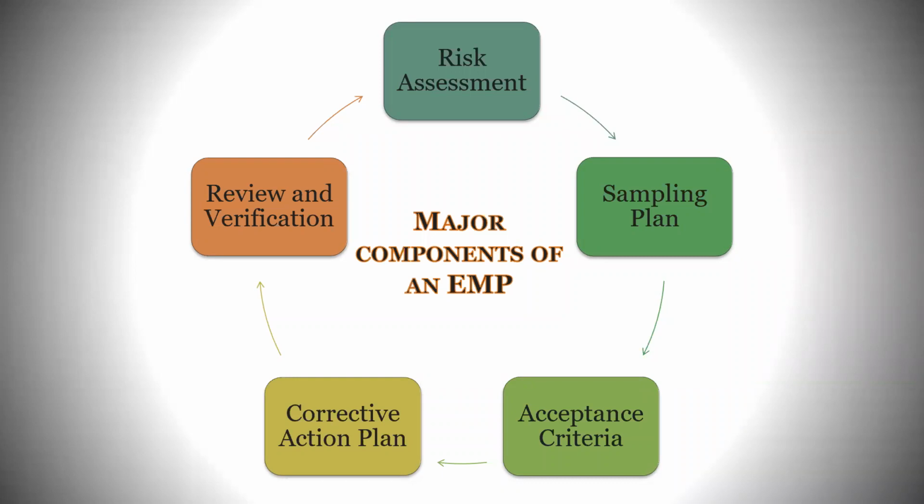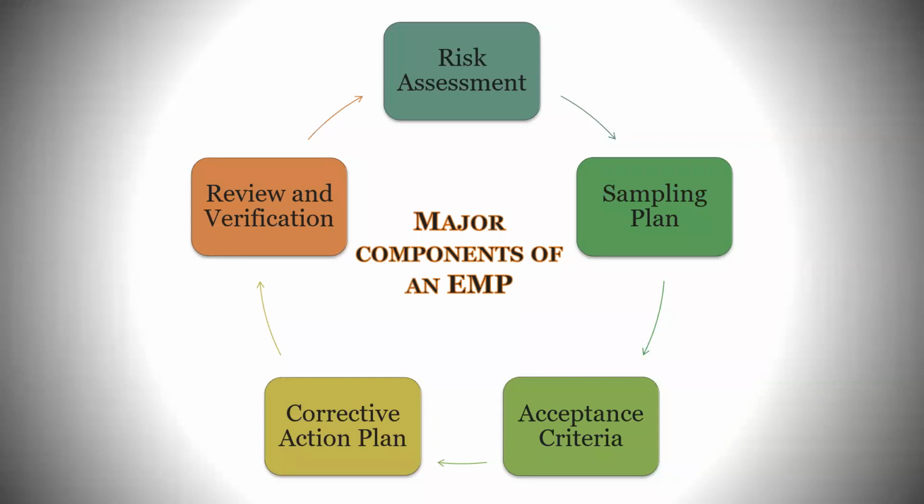The sampling plan is the component of the EMP that needs the most work. The sampling plan should include when, where, and how often to sample and what to test. And you might also answer the question why. That why should be based on the result of your risk assessment.